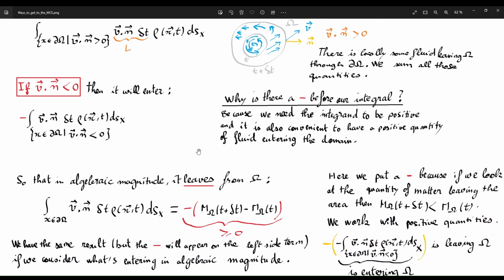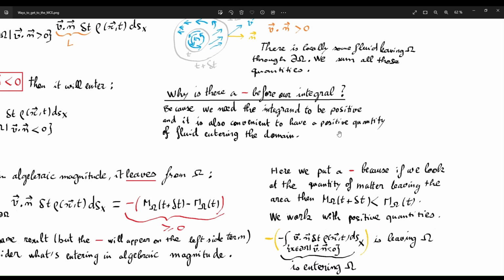So, in algebraic magnitude, it leaves from omega the integral on the boundary of v scalar n times delta t times rho, which is equal to minus m omega at t plus delta t minus m omega at t, between parentheses.